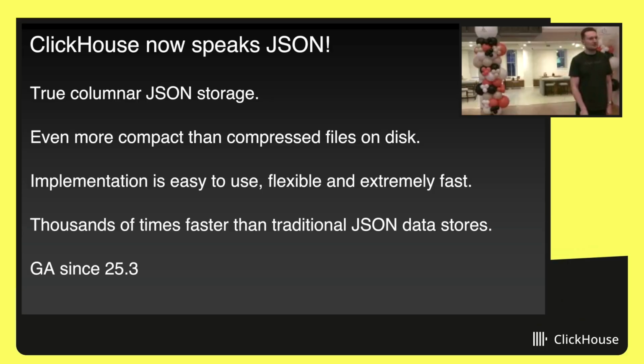Are different shards going to have different distributions of the columns? Different shards can have different distributions of data types and paths stored in separate columns, but different replicas will store byte-identical data as usual.